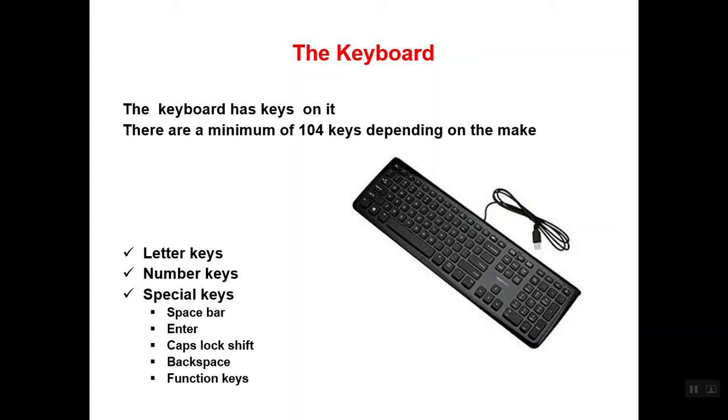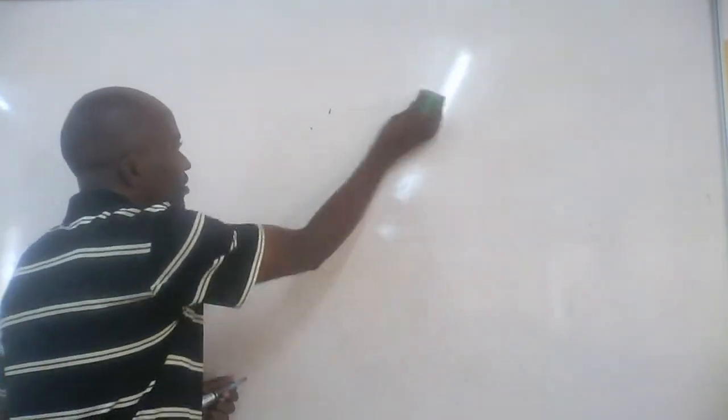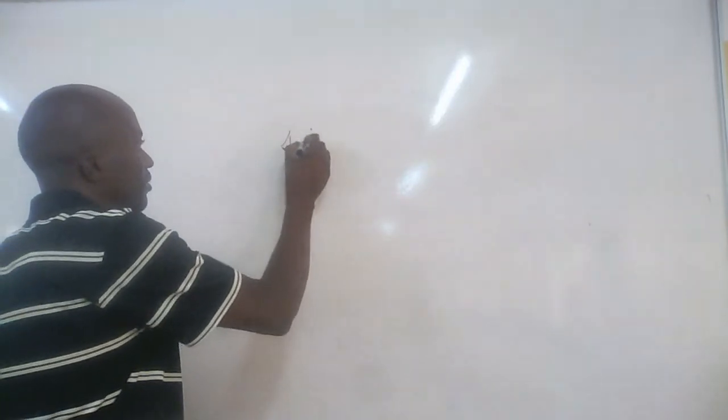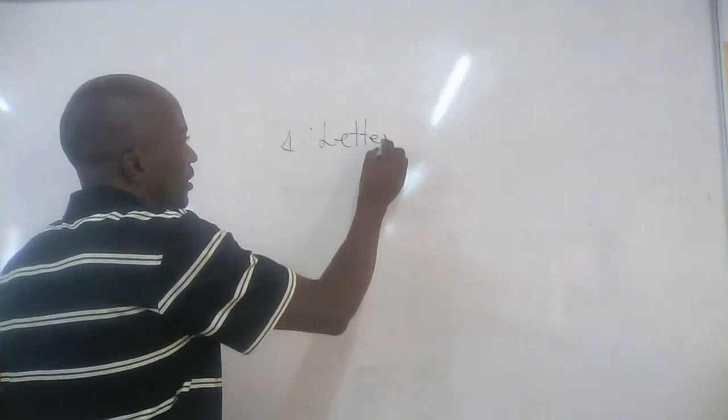Now, these keys on the keyboard are put in groups. The first group of keys that we have is, number one, letter keys.